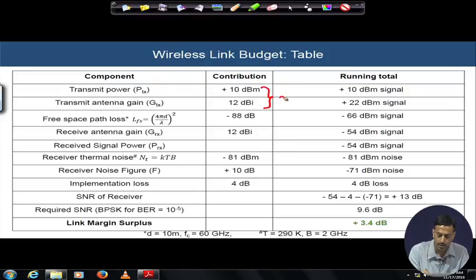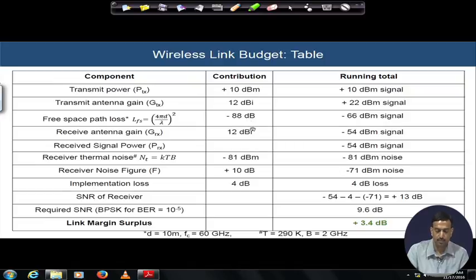So that's 22 dBm, which is well within the limits of the 40 dBm value, which was the maximum EIRP specified basically. So it's valid if you operate in this range. There is no issue. The rest of the parameters remain the same.